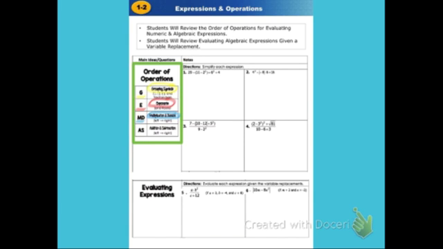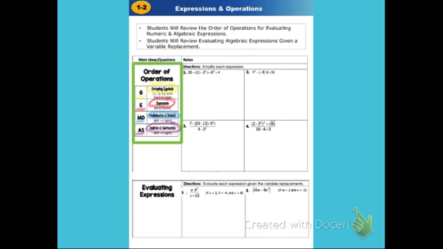So how we prioritize multiplication or division is which one comes first as we read the expression from left to right. And the same goes for addition and subtraction. So at that final level, we would address any addition or subtraction moving in the expression from left to right.